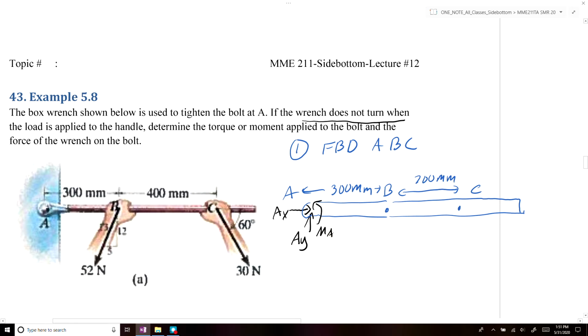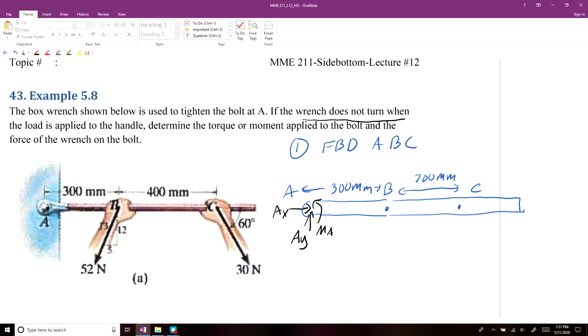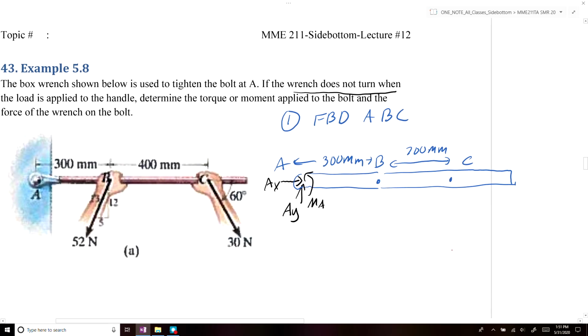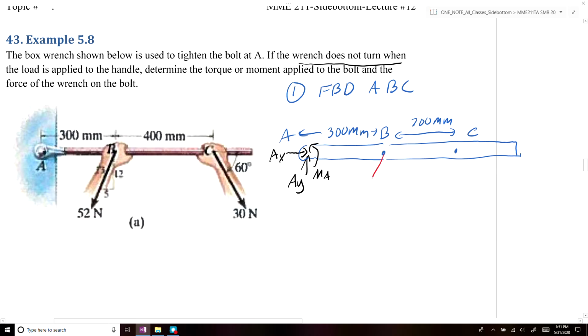Okay, so the next step is to apply our applied forces. So in this case, we have a 52 Newton load that's applied by the operator here, and then there is a 30 Newton load applied at point C, and we were given that the force at point B goes along a 12, 5, 13 triangle, and the 30 Newton force is at an angle of 60 degrees relative to the positive x-axis.